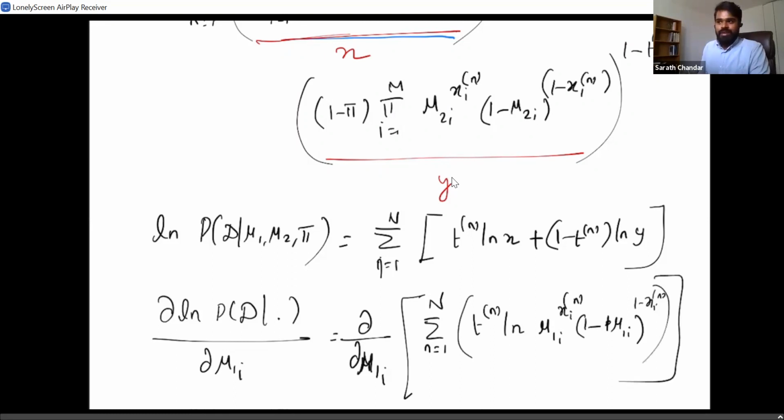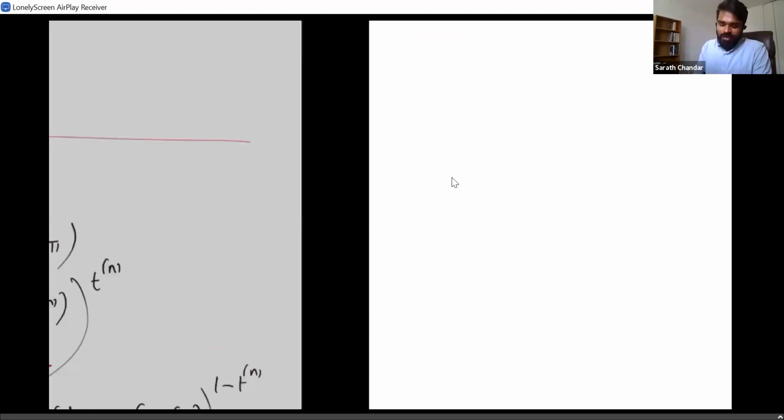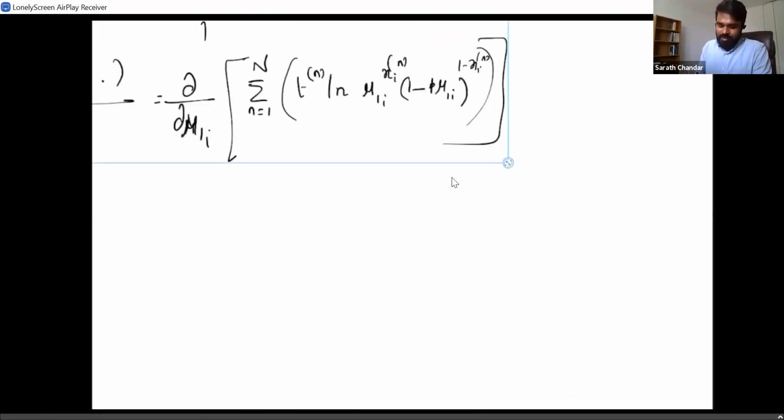Is that clear? Now this is again another simple differentiation. These equations look big, but the properties that they are using for differentiation are still very simple.